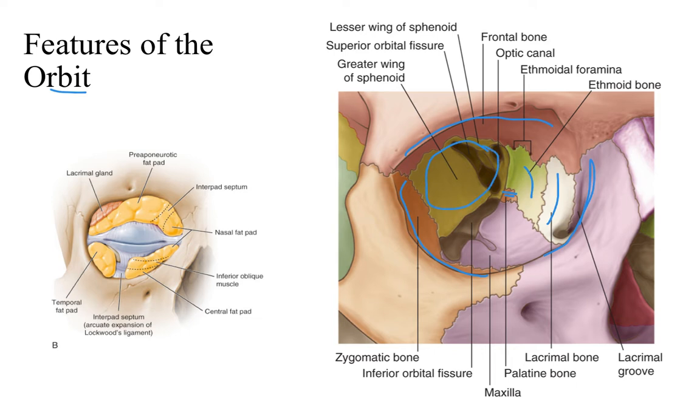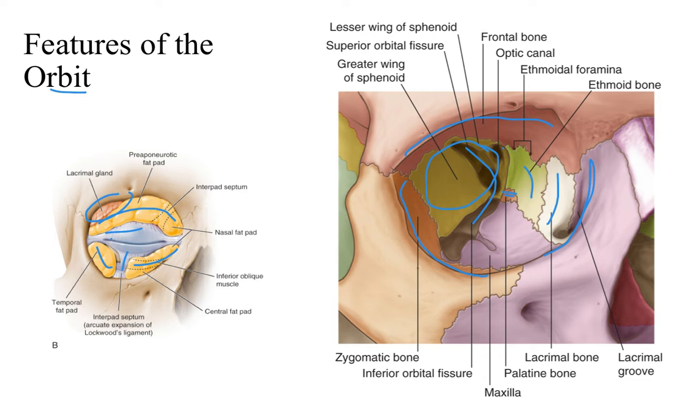So we've talked about the several nerves and blood vessels that come out of the various foramina within the posterior portion of the orbit. But you should also realize that aside from the eyeball being in there and all the nerves and blood vessels, there is connective tissue that's holding the eye in place, as well as fat pads that are around the eye socket, and some glandular tissue, exocrine glands, that form tears.